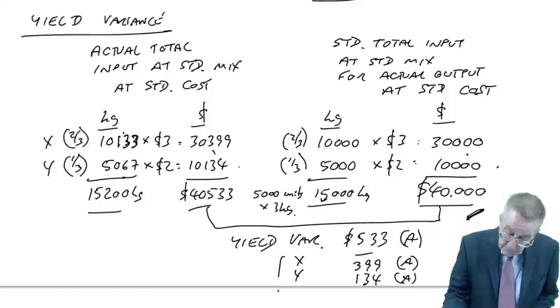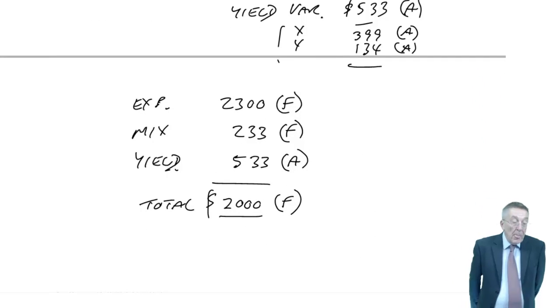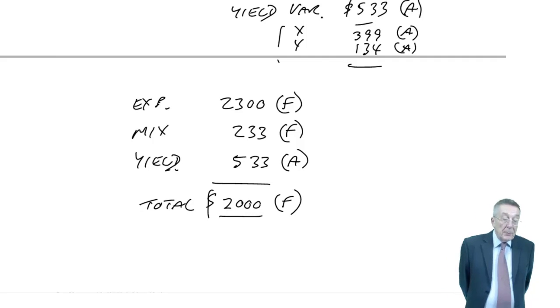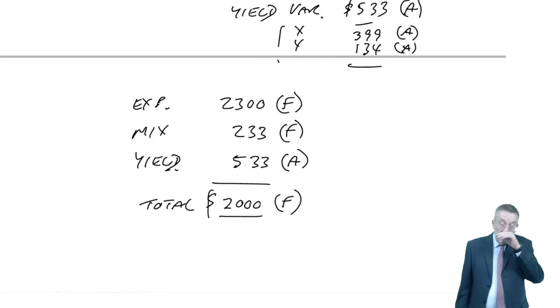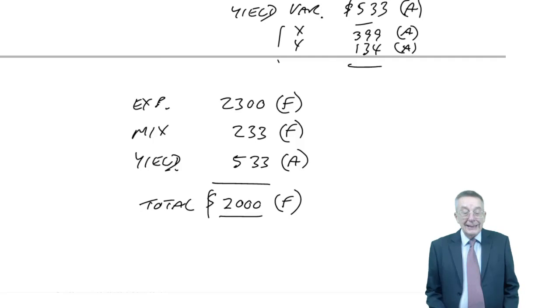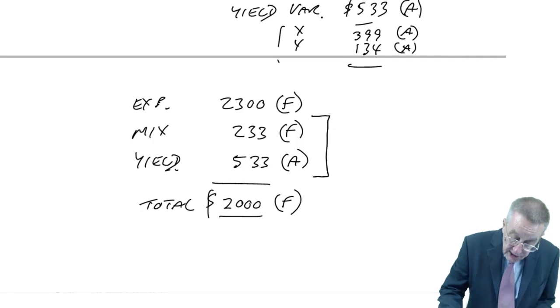What else? This question actually asks for one more variance. It says calculate the total cost variance, which we have done, the price variance, the mix variance, the yield variance. It also asks for the usage variance. That's much less likely to be asked, but if you are asked for the usage variance, the usage relates to the mix and the yield.